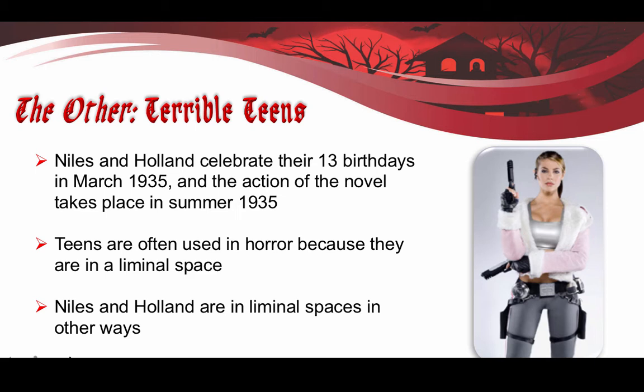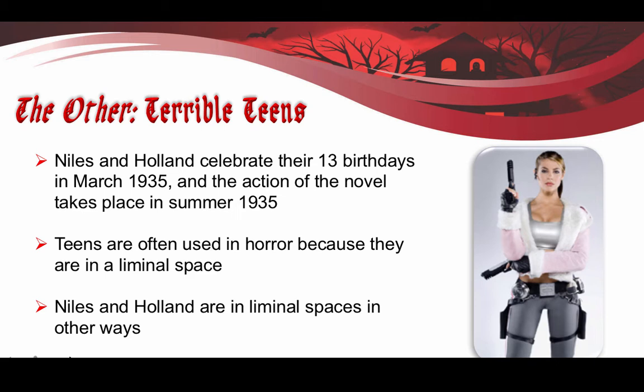But throughout most of the novel, which deals with Niles at the age of 13, Niles can be seen as being in a liminal space between being the Niles who lived prior to Holland's death, that sweet, innocent, adorable boy, and actually being Holland. We see him act as Niles, obviously. But we know after finishing the novel that he has also acted as Holland.